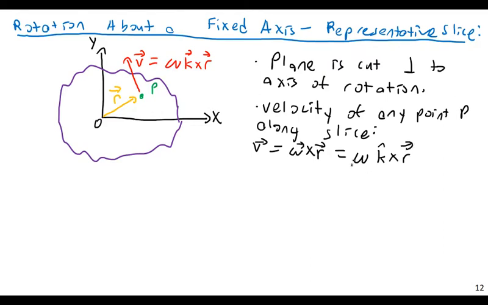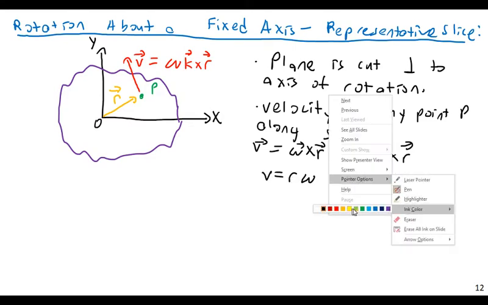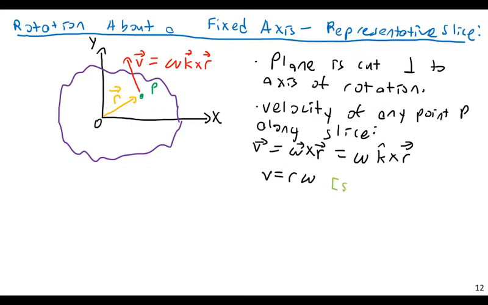Or I could simply say that v equals r omega, if I were talking purely about magnitudes. This is what you learn in elementary physics class, in your high school physics, where you're not usually considering vectors. It's not usually a vector mechanics class. But in the scalar form, we can simply say v equals r omega.